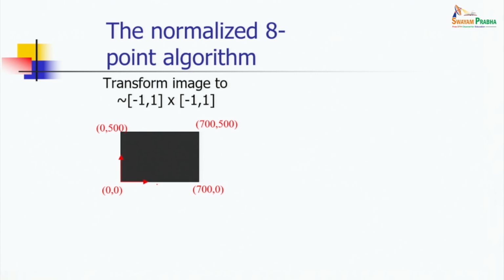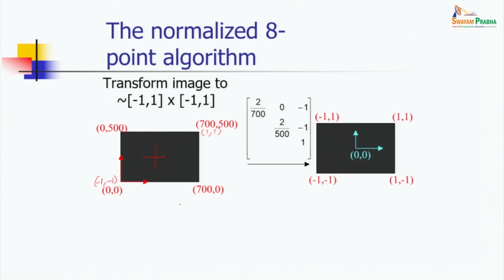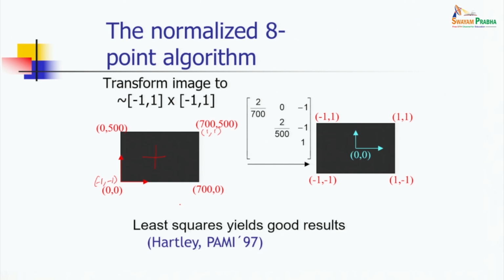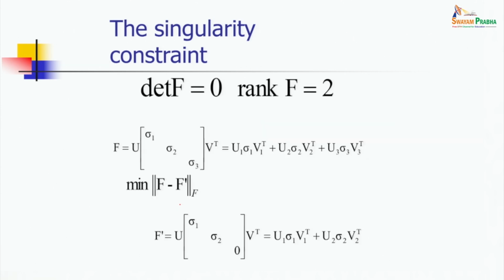By transforming the image to a coordinate system with -1 to 1, you place the coordinate at the origin, and this is say -1 -1, this is say 1 1, and in this way you can get a coordinate transformation like this. After that you can apply this least square method, which is shown to give good results.